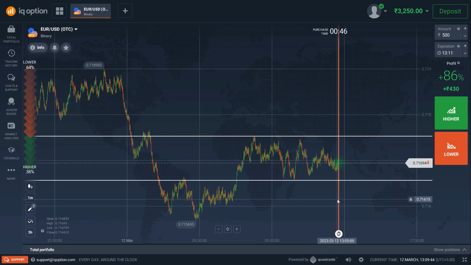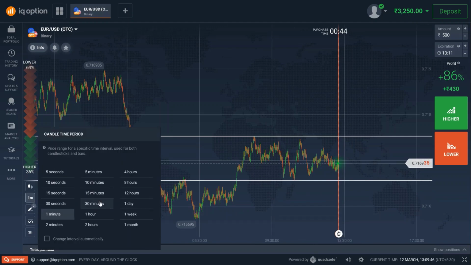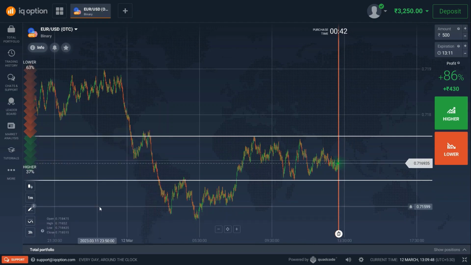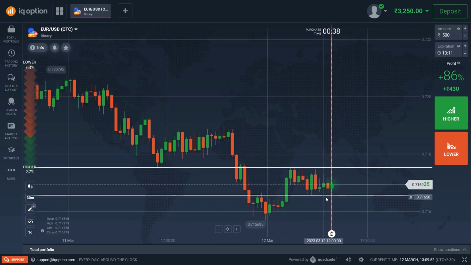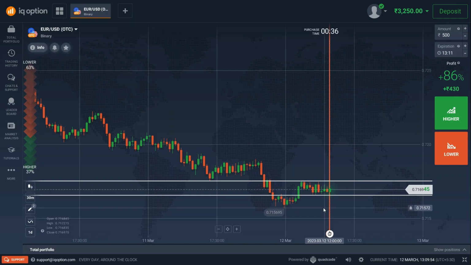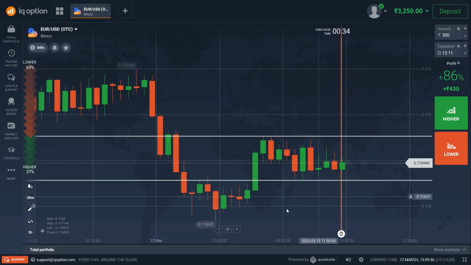Let's also try to analyze a larger time frame so that we can find some strong resistance and support levels. Yes, this should be good. Let's just draw some key levels over here. It's going to take a lot of time for the market to reach there, but we can use them.